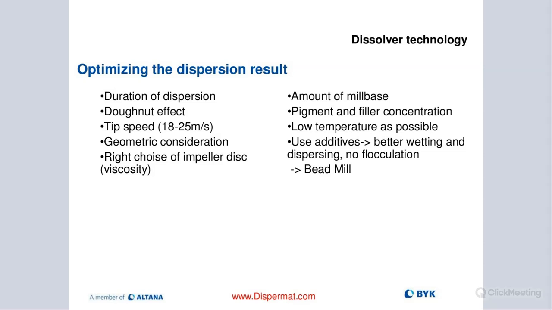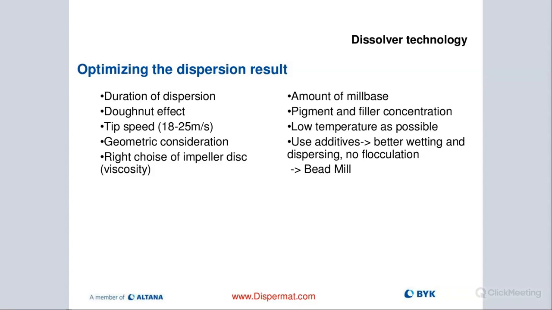Okay. So to optimize our dispersion result, in this case we talk about the pre-dispersion. The duration of our pre-dispersion, again, is 15 to 30 minutes. Usually that's the rule of thumb. Anything more is not really needed.